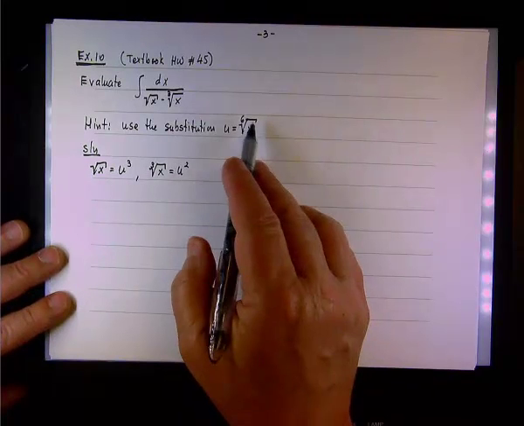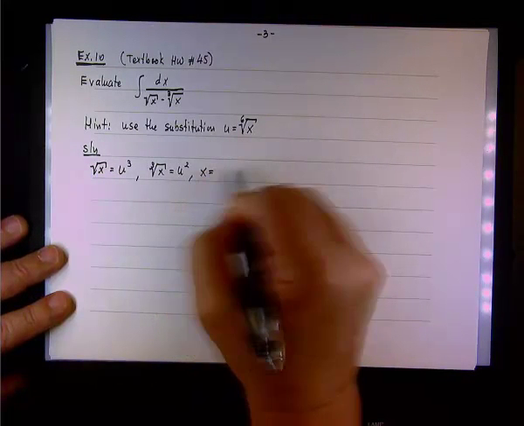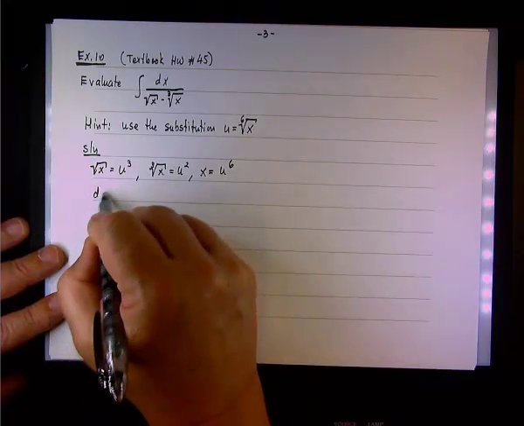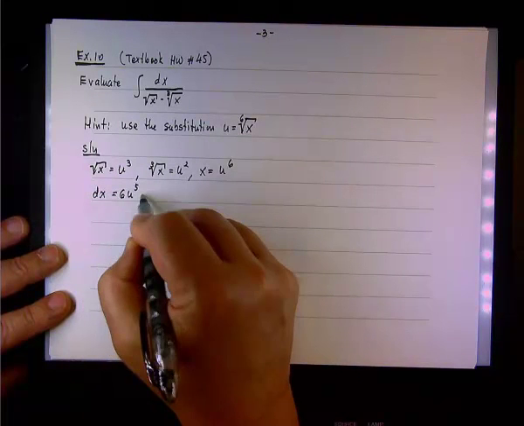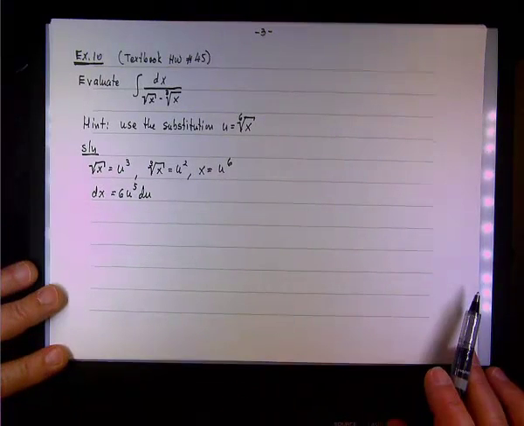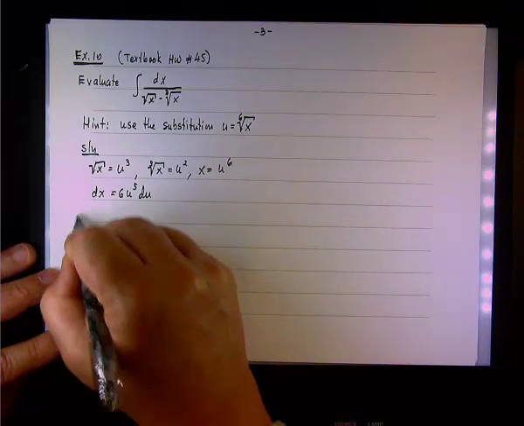And now, if you want x by itself, it is u to the 6th, and we need that because we need the dx. The dx will be 6u to the 5th du. Okay, so we have everything needed to substitute.